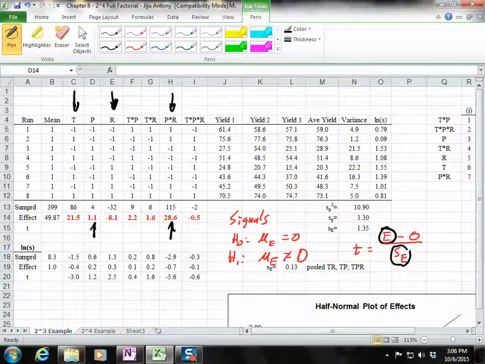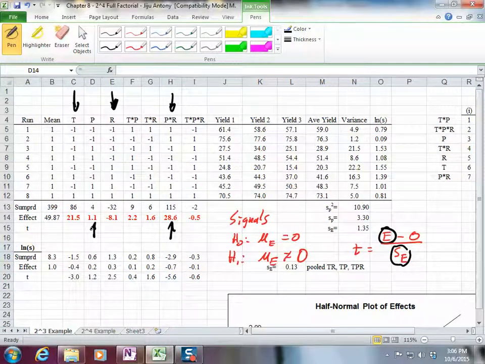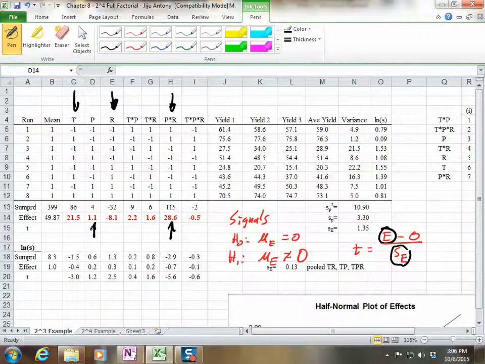I'll say it sharper than that: their effect on the reaction yield is a separate independent effect. So temperature has an effect, maybe. Residence time has an effect, but they don't depend on each other. So the setting of temperature doesn't depend on the setting of residence time. Temperature is doing its thing, and separately residence time is doing its thing. That's what that small value is saying.